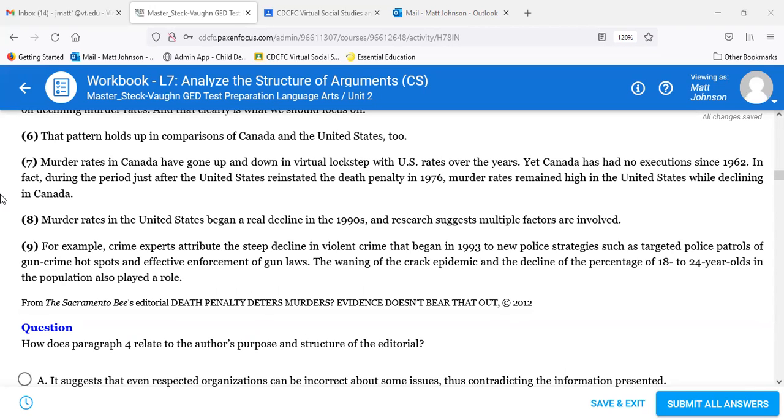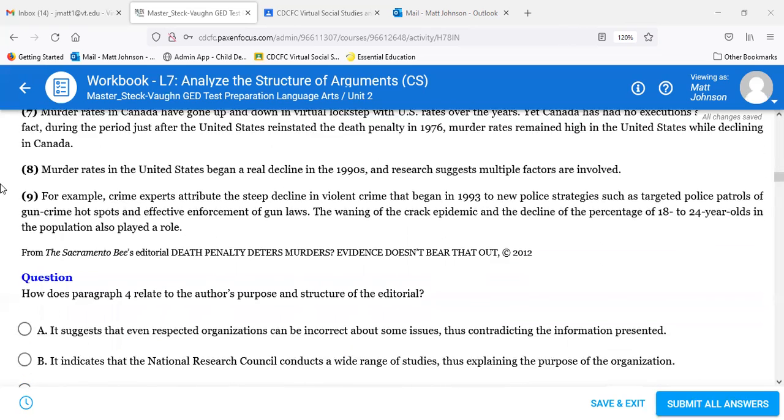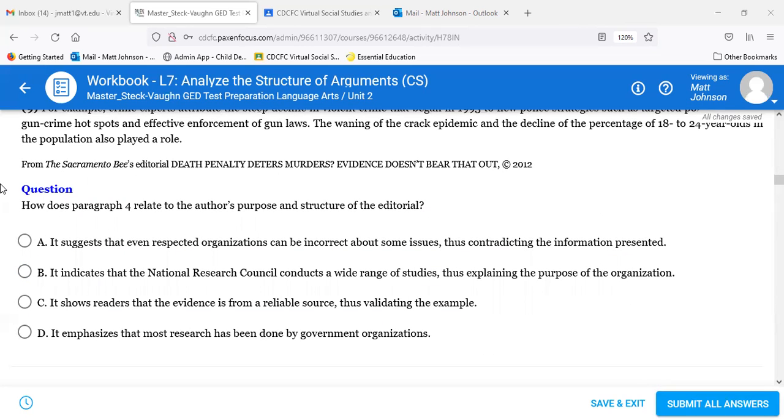The question: how does paragraph 4 relate to the author's purpose and structure of the editorial? A. It suggests that even respected organizations can be incorrect about some issues, thus contradicting the information represented.